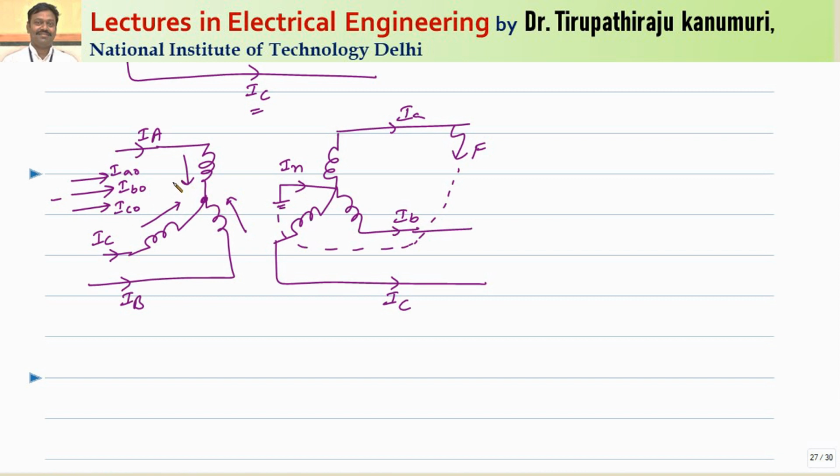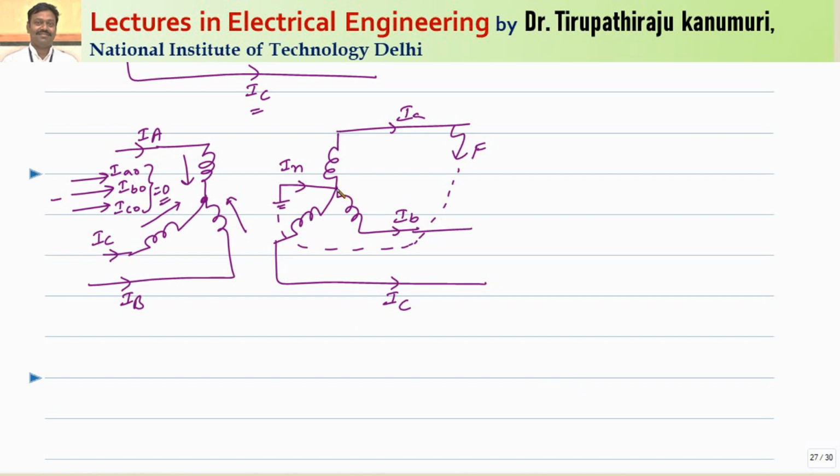The sum will not be equal to 0. You can see here IA naught plus IB naught plus IC naught cannot be equal to 0. But KCL can be satisfied, as they are co-phasor in nature, only if their magnitude is equal to 0. That means all these magnitudes will be equal to 0 on the primary side.